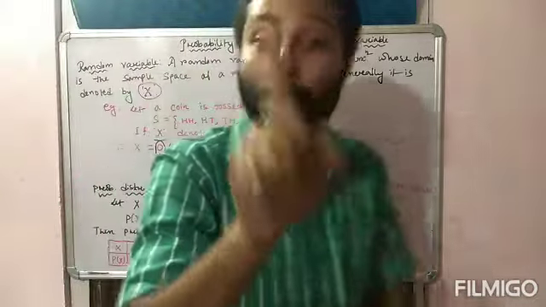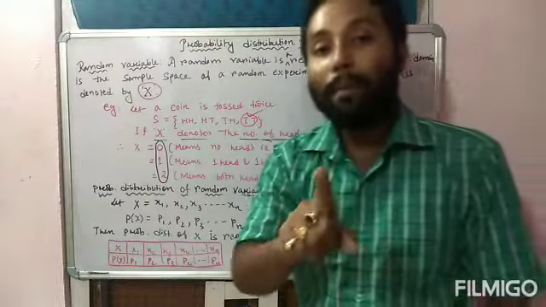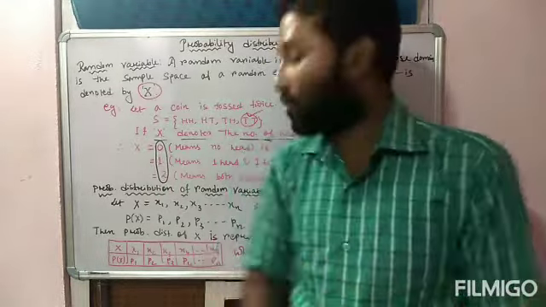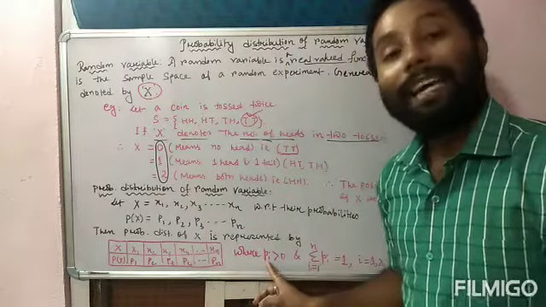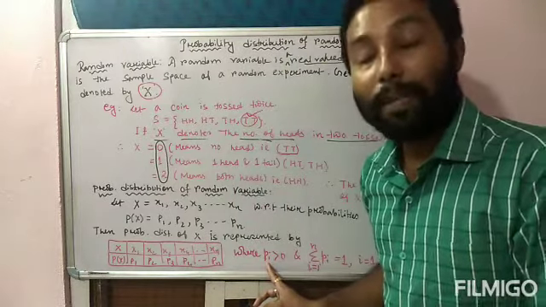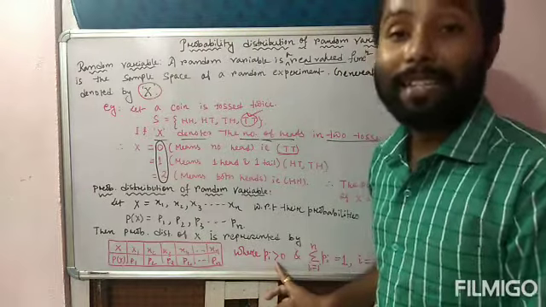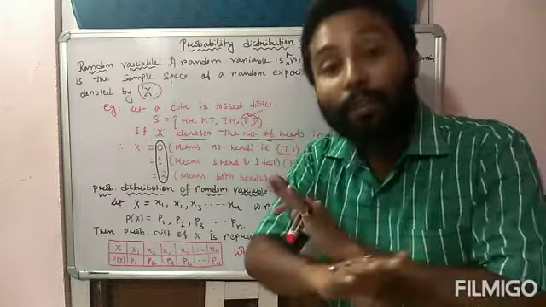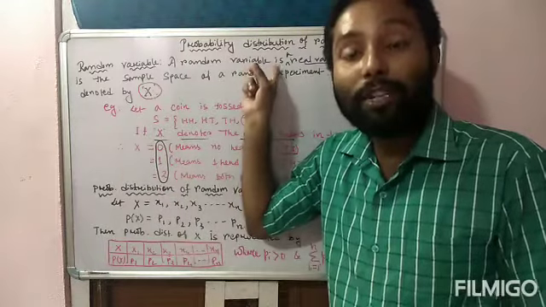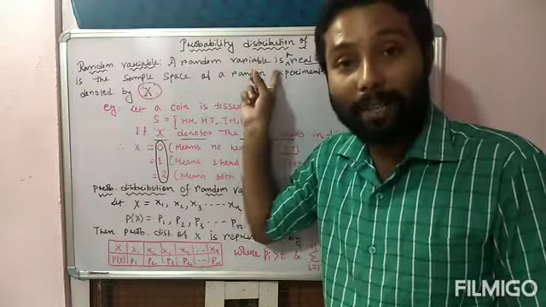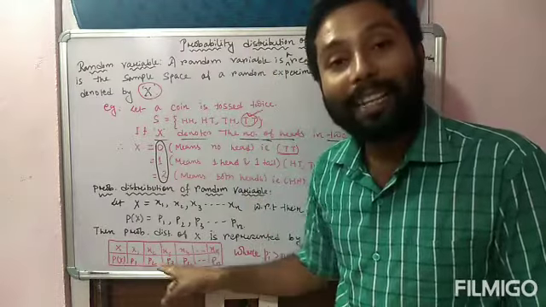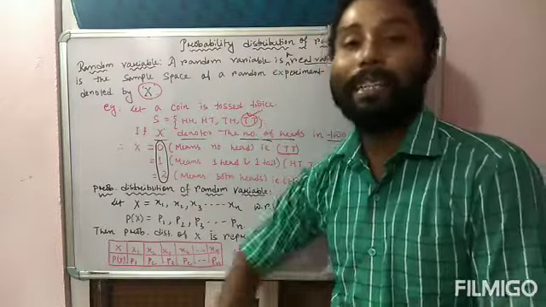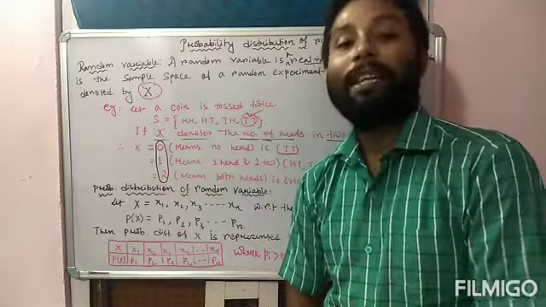p for what? Probability. We know probability cannot be negative, so that's why pi, that means P1, P2, P3, P4, Pn, must be greater than 0. If the value of pi is less than 0, this will be invalid. The value of x can be negative because x is a real valued number according to our definition of random variable, but pi cannot be negative because we know the probability of a random variable cannot be negative.